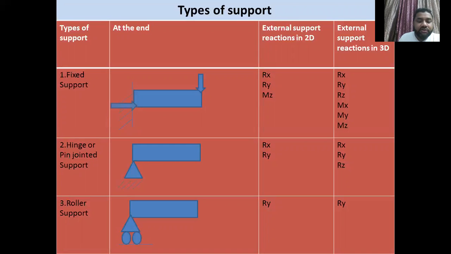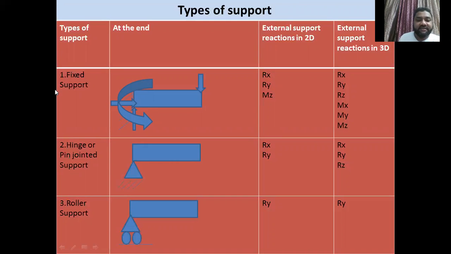Since the horizontal motion will be opposed, there will be a horizontal reaction, and I am taking this as Rx. Since the vertical motion will be opposed, there will be a vertical reaction. I am taking it as Ry, and this one is the moment. Since the load I have taken is vertically downward, it will produce a clockwise moment. So in order to resist that moment, you have to apply an anti-clockwise moment, and that moment is along the z-axis.